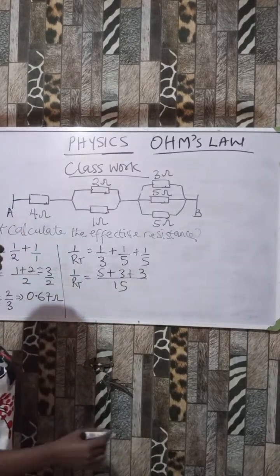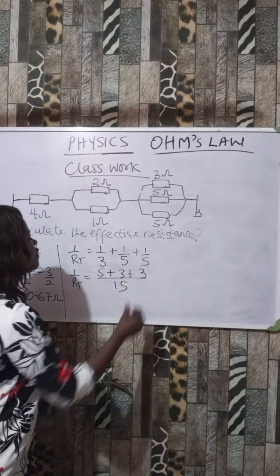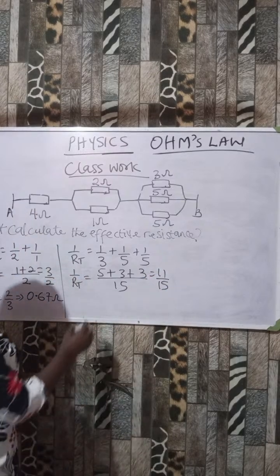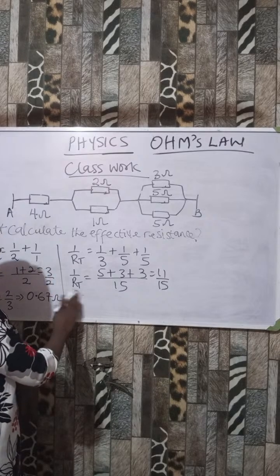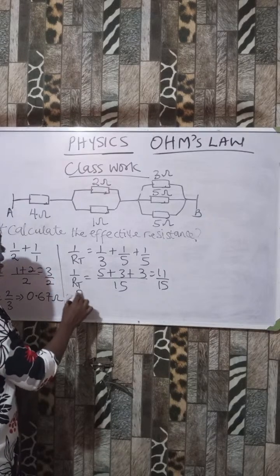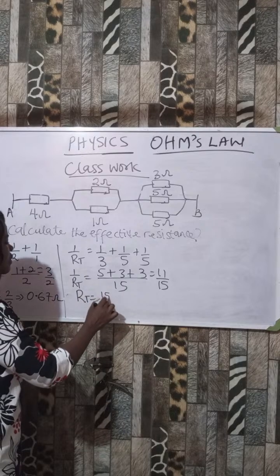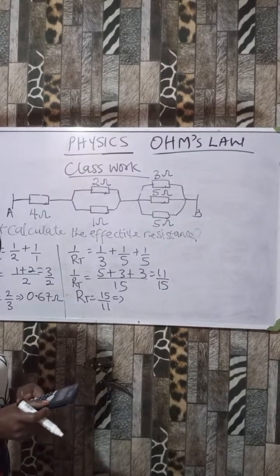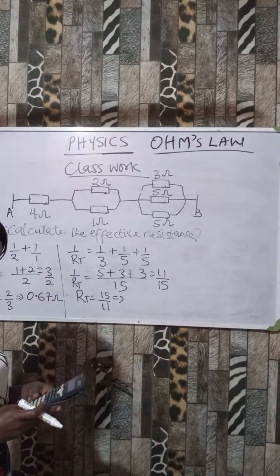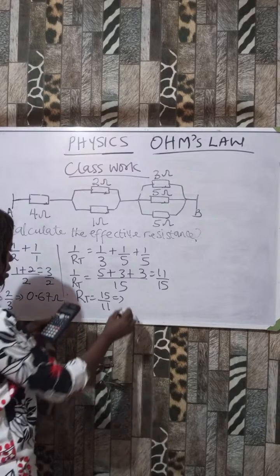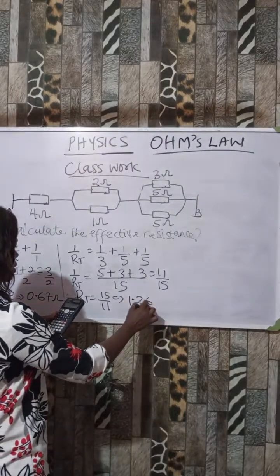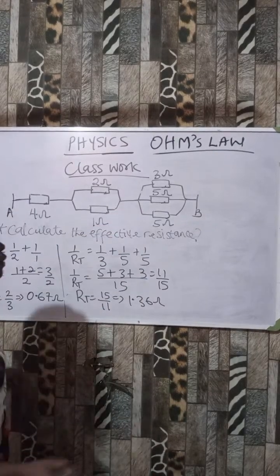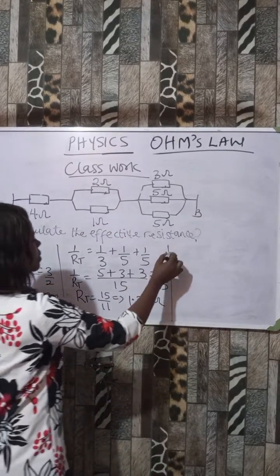So I'm going to have 11 over 15. So the R total, RT becomes 15 over 11. So by the time we divide, it's going to give me 1.36 ohms, right? Now that is for this particular one. So the diagram will change to be this way.